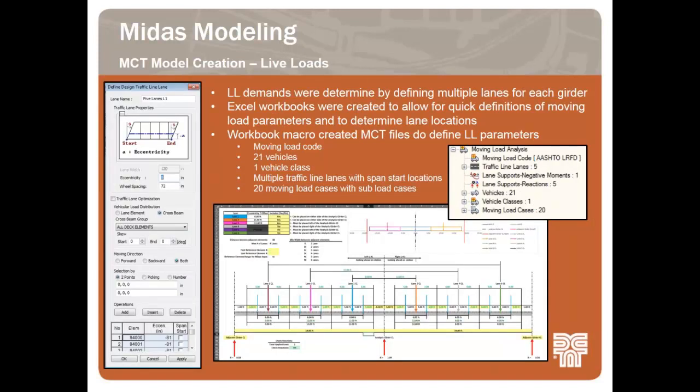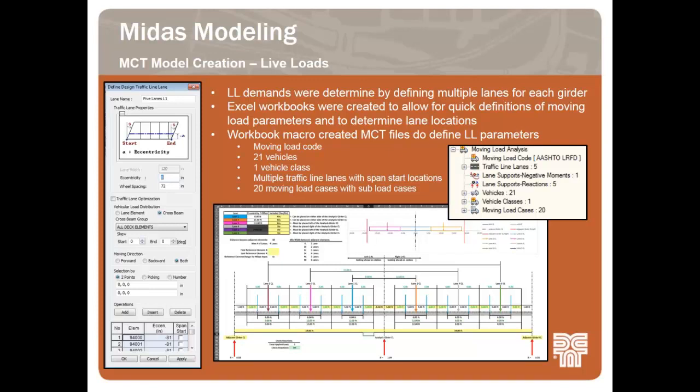The one thing that was very useful from the MCT files was to define live loads. For the live loads used in this grillage model, there were multiple lane definitions for each girder that was to be rated.